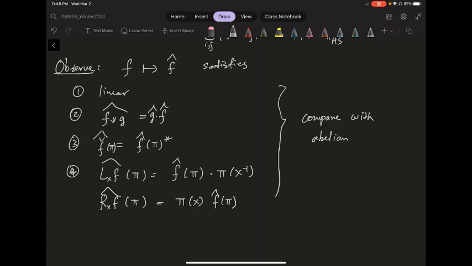The only difference now is that f hat is not going to be a complex-valued thing. It takes a finite dimensional irreducible representation and returns a matrix, and the size of this matrix depends on the dimension of the representation. So they're not exactly the same thing, but as you can see, at least the L2 theory has some similarity to the Abelian case.